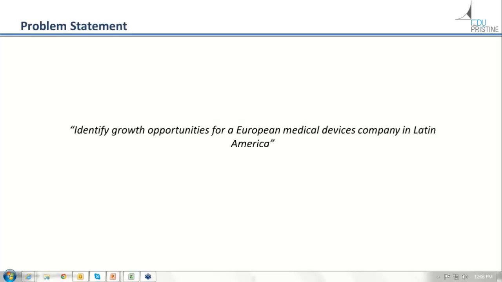The client context here was a European medical devices company headquartered in Switzerland, with a wide variety of products, for example heart valves, both mechanical and tissue heart valves, defibrillators, and a bunch of other very specific, very high-tech biological products.